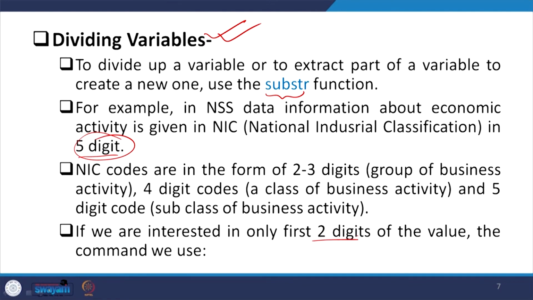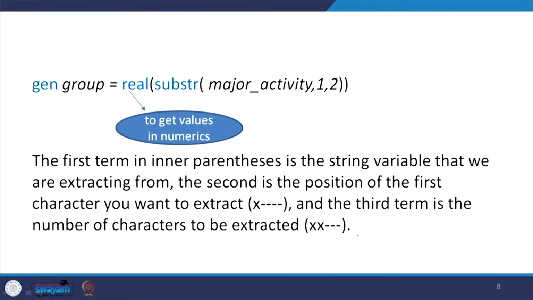So generally, if the first 2 digits are important for you, then you substring that, and as per our command you will get the result. Generate the variable name you define, 2 digit. Now, substring is important, I am going to break it down here.